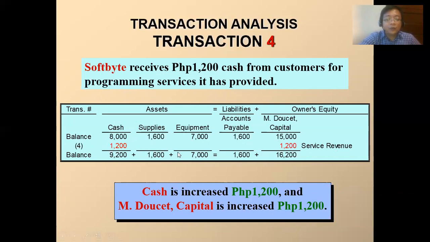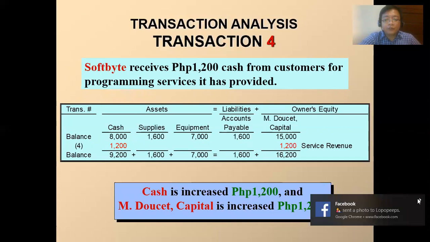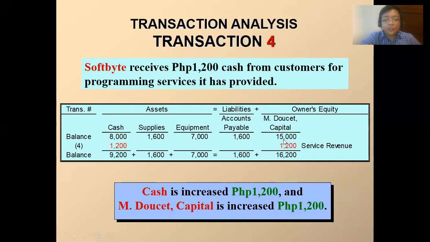So it will add 1,200 to your cash and also add service revenue of 1,200 to your owner's equity. Are they equal? 16,200 plus 1,600 is 17,800. On the other side, 17,800. So they are the same. Cash is increased by 1,200 and capital, as part of the revenue, is increased by 1,200. All right.